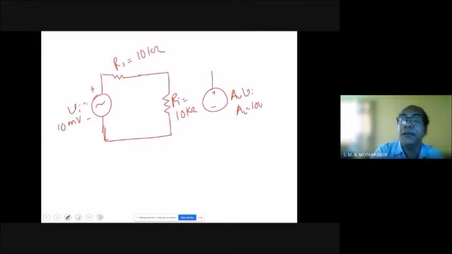Now it has an internal resistance whose value is R naught equal 150 ohms, and it is connected with the load.